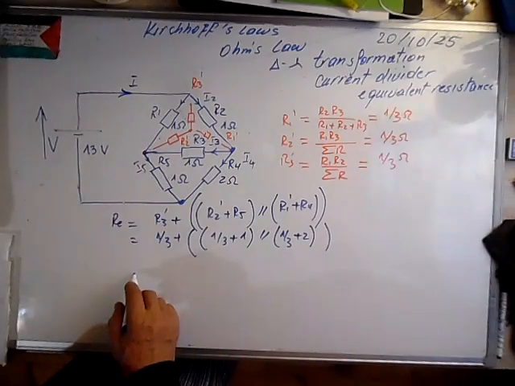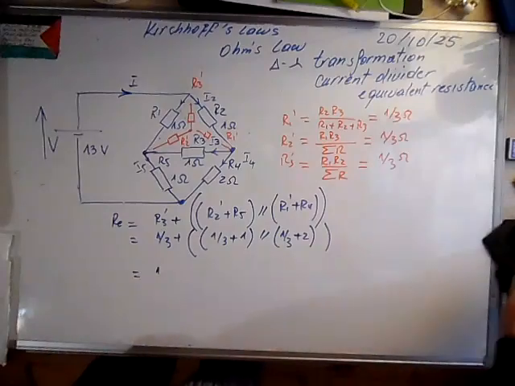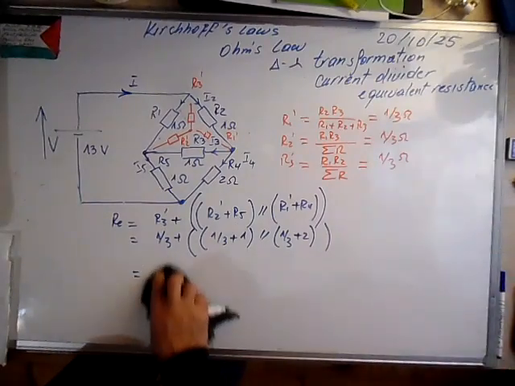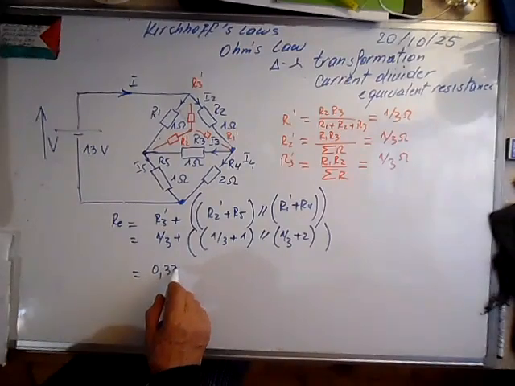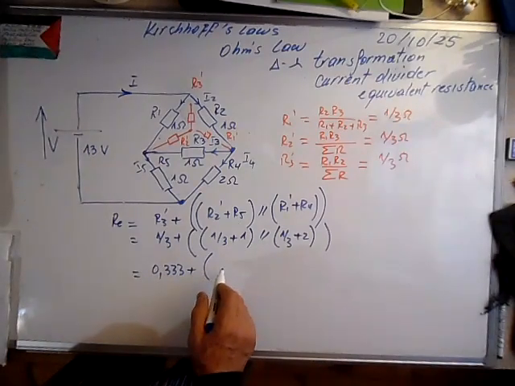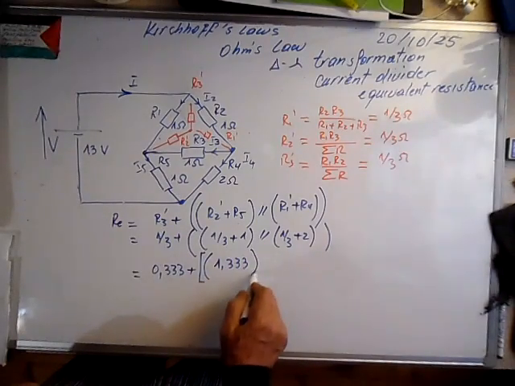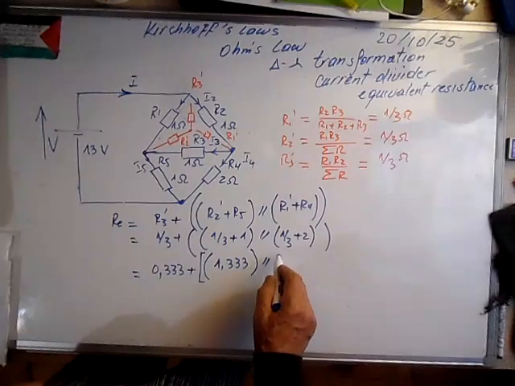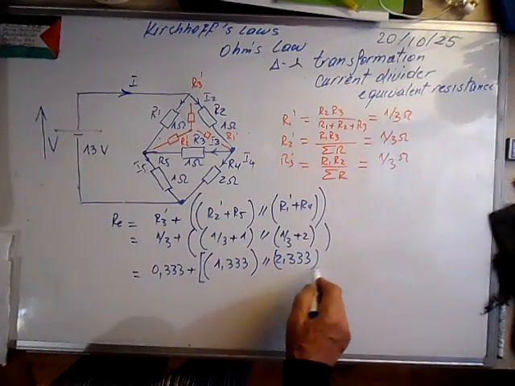So the value here is, well, let's write it in decimal. Here is 0.333 plus 1.333 in parallel with 2.333.